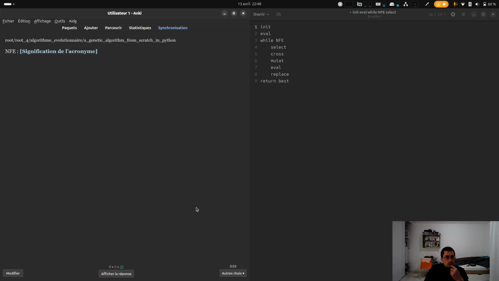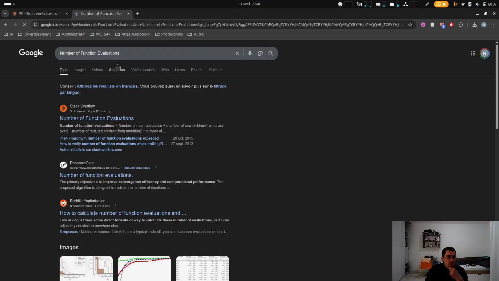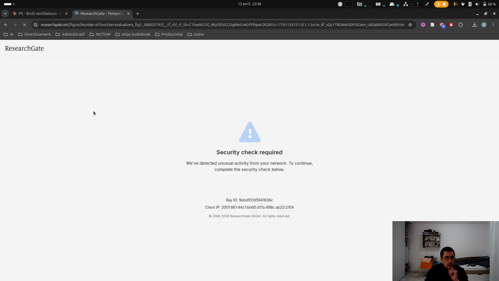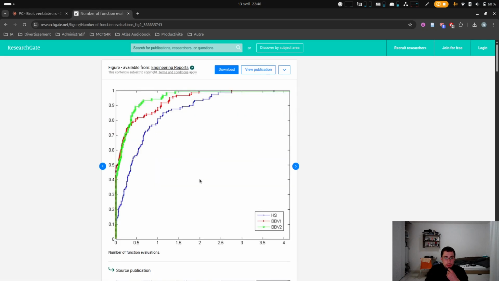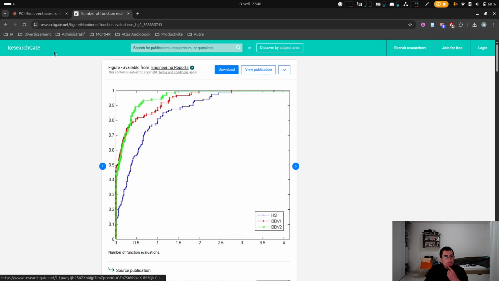Number of function evaluation, which is really a weird word. It sounds French as fuck. Is it true? Yes, it is. My bad. A whole paper on that? What the hell is this website even for?